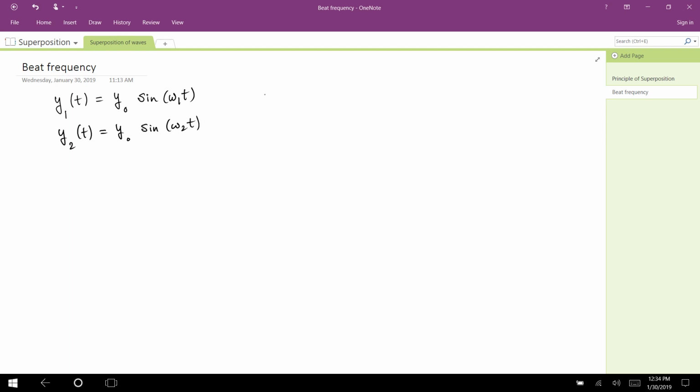So these two frequencies are f equals omega over 2 pi, and they're slightly different. f1 and f2 are not equal to each other, right? Because f1 equals omega 1 over 2 pi, etc., that means omega 1 and omega 2 are also not equal to each other.